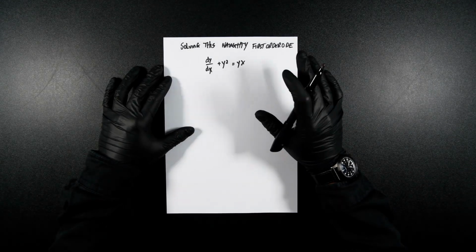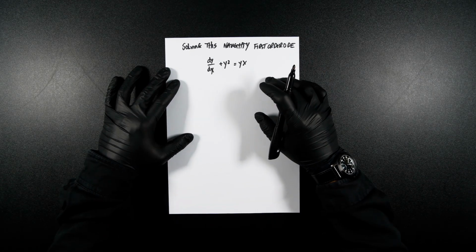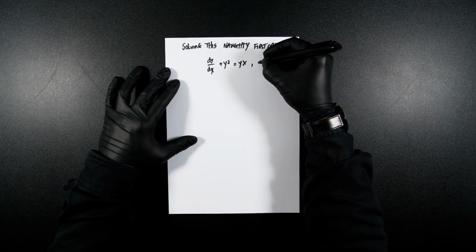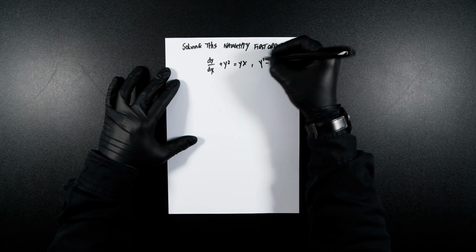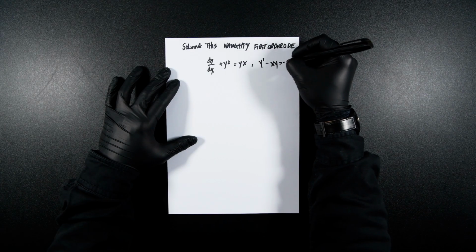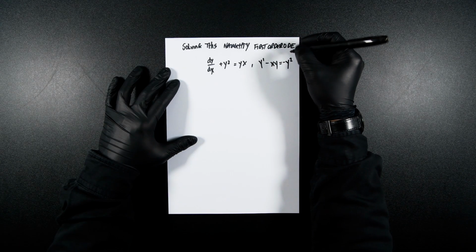So we're going to first recognize that we need to put this in Bernoulli's form. So what is that? Let's rearrange this. So that's going to become y dash, which is the same as dy/dx, minus xy equals minus y squared.